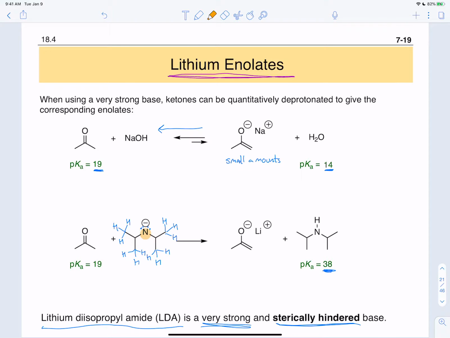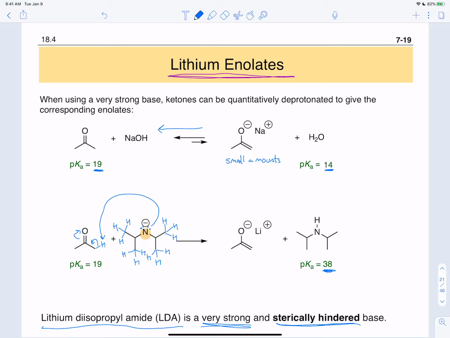The first is that it can do deprotonations very, very quickly. It will not take very long, even at low temperatures, -78, to take this hydrogen from acetone. Now we have a nearly 20 pKa difference between acetone and diisopropylamine.